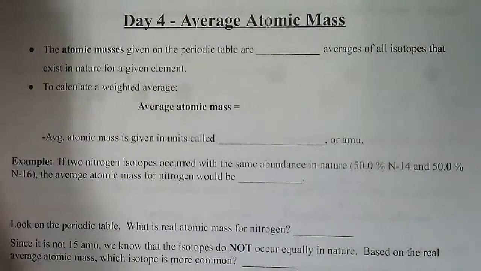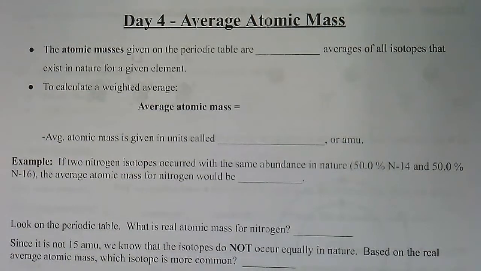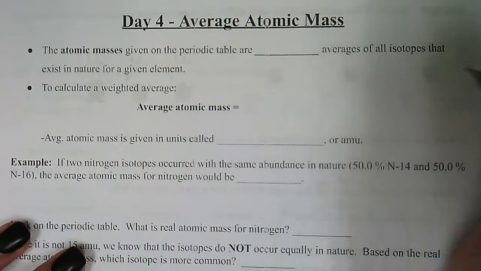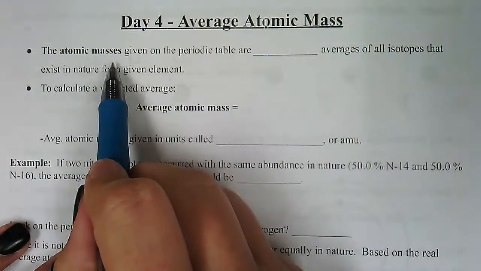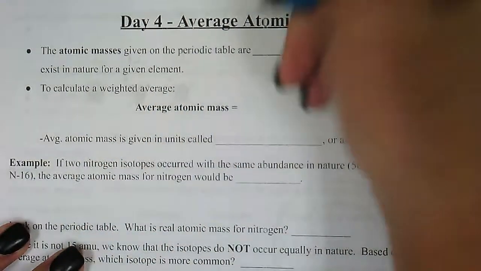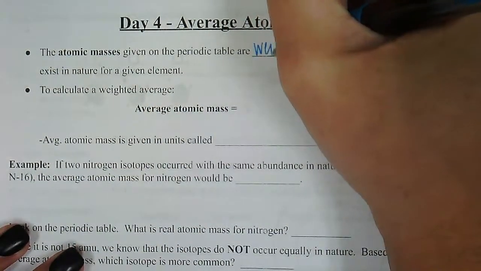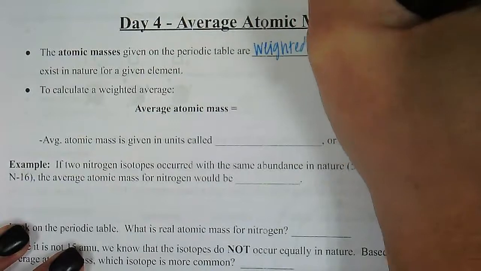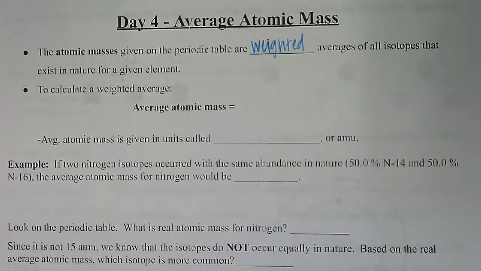And basically what that means is that it is our weighted average of the masses of the isotopes of a given element. So right here in this blank, we're going to put: the atomic masses given on the periodic table are weighted averages of all isotopes that exist in nature for a given element.